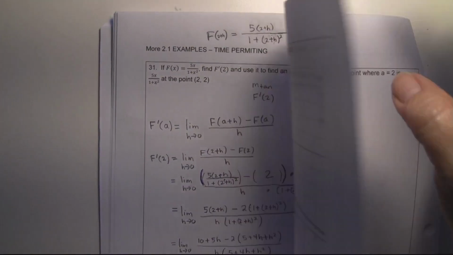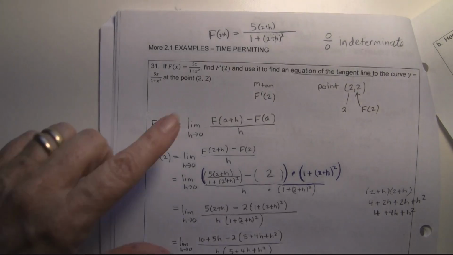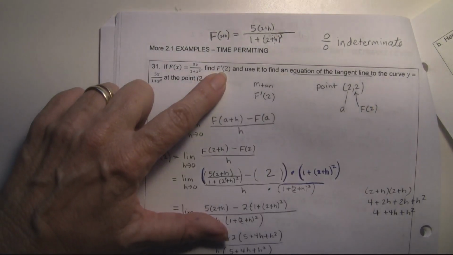And so this one, we kind of have to think about it just a little bit. And we might even look back at what we had right here. It's a coincidence that it's 2, because it could have been any other number. But they asked me to find f prime at 2.